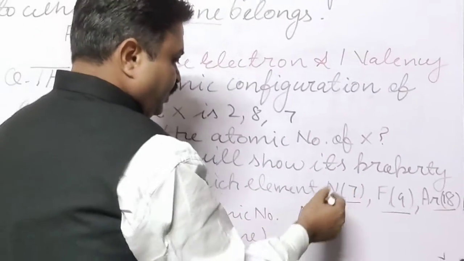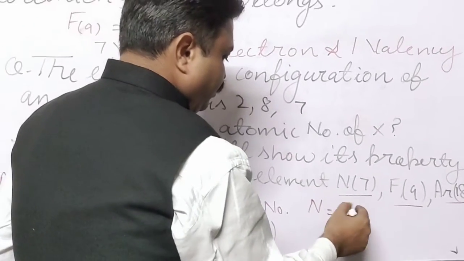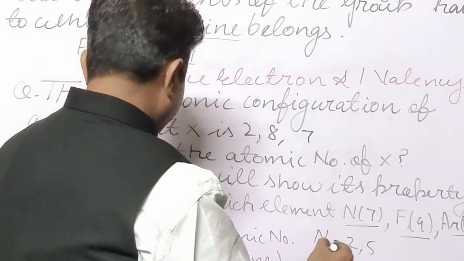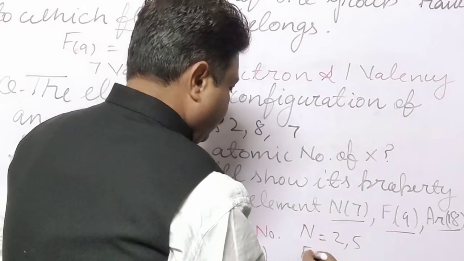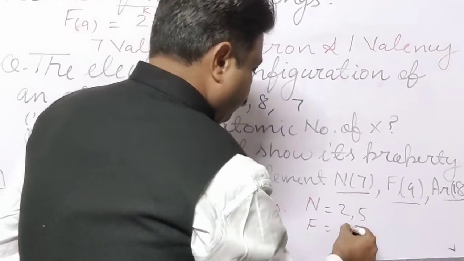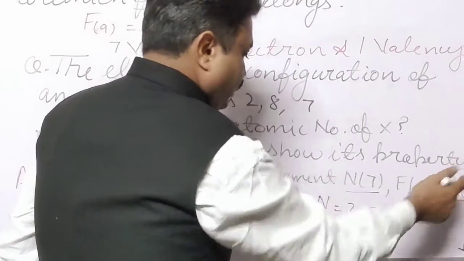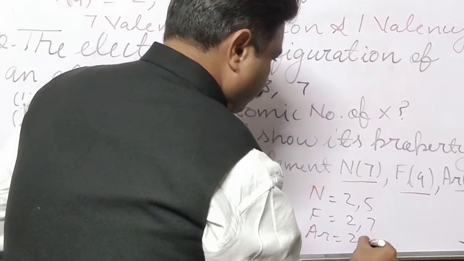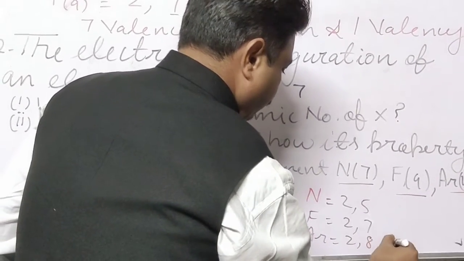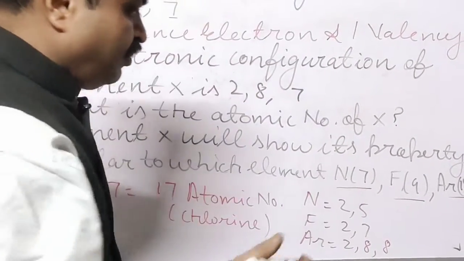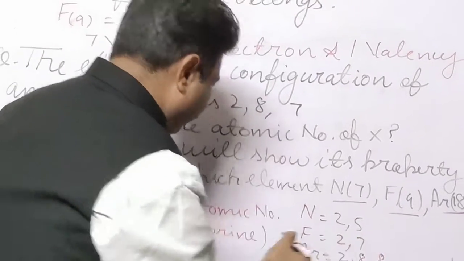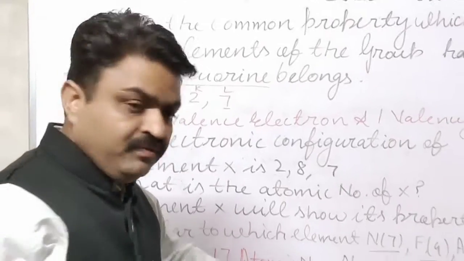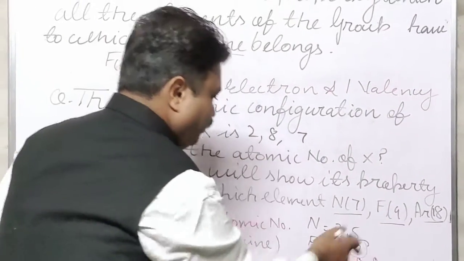Nitrogen's electronic configuration is 2, 5, fluorine's is 2, 7, and argon's is 2, 8, 8. So 7 valence electrons are found in which element, students? It is found in fluorine. So 7 is found in fluorine.